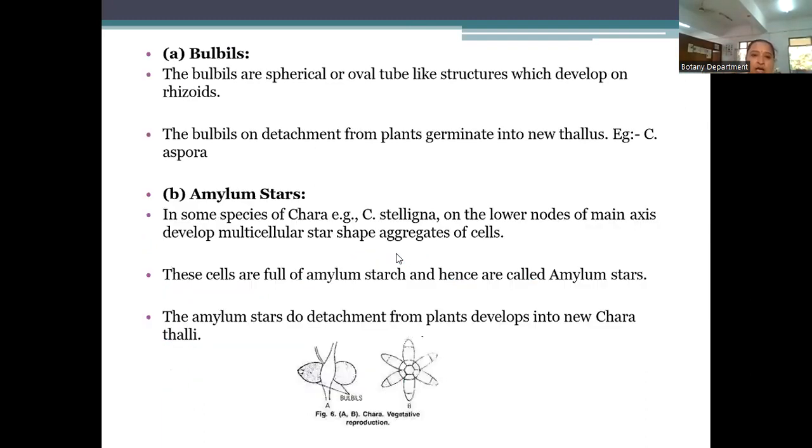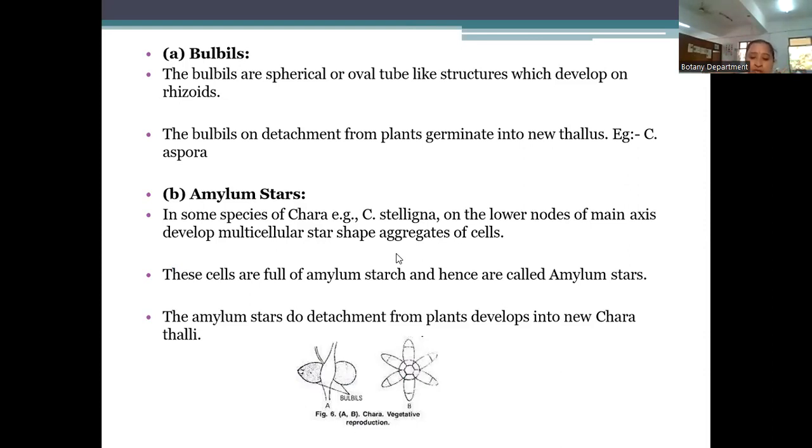First one, what are the bulbils? Bulbils are small rounded tuberous structures produced at the lower node and on the rhizoid side also. When detached, the bulbils develop into a new Chara plant. The most important example is Chara aspera. Many species of Chara exist, and it can be asked which species shows bulbils for vegetative reproduction; that is Chara aspera.